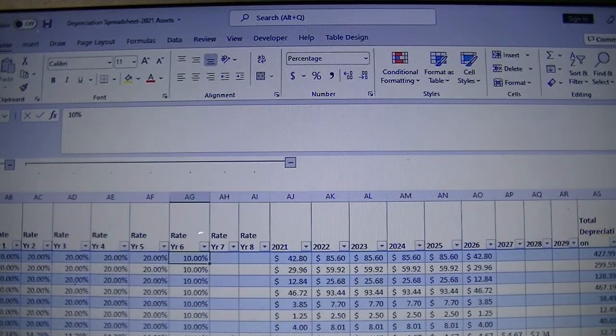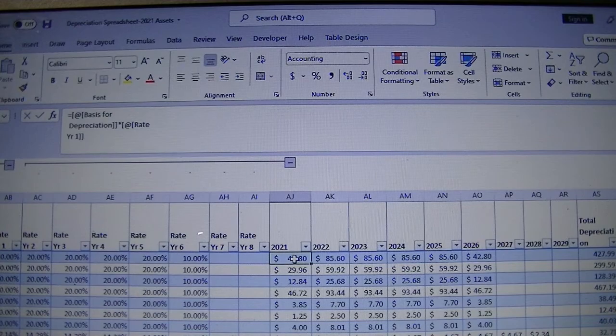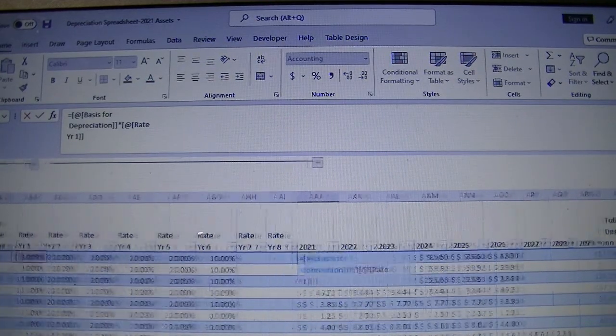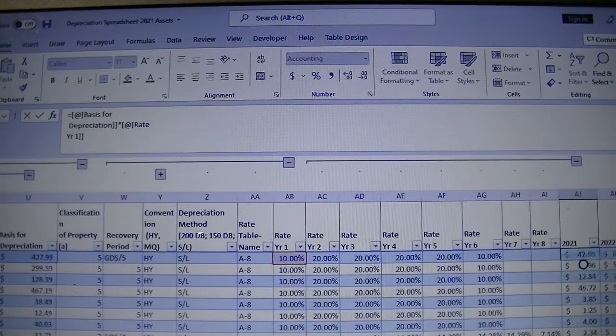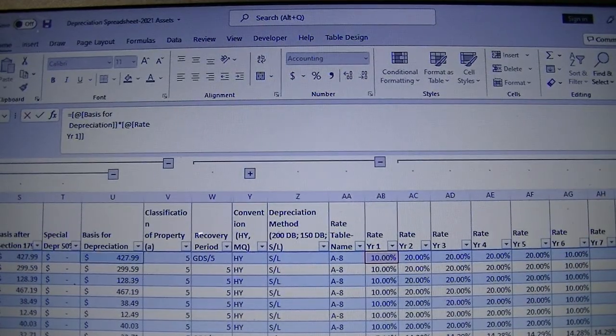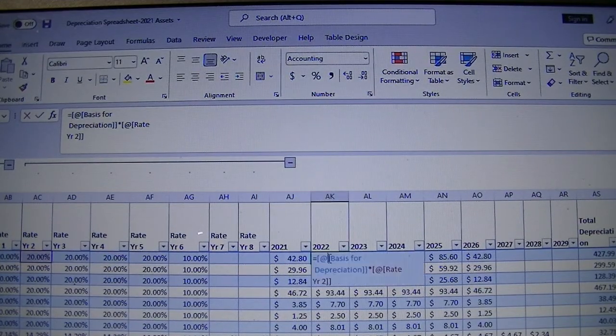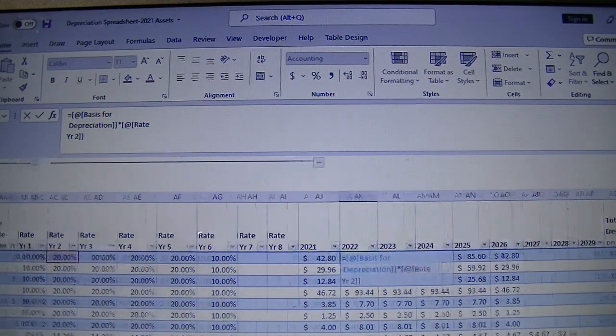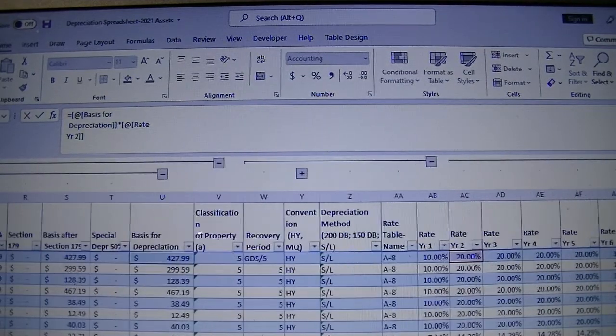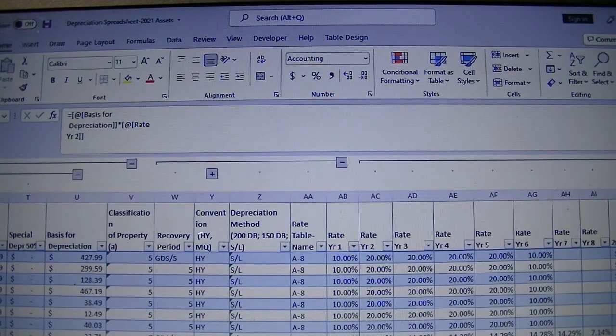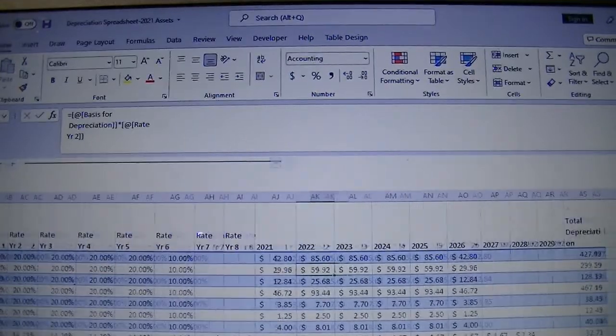Therefore, the spreadsheet will automatically calculate the depreciation deduction using the rates. The first year will take the rate at year 1 times the basis for depreciation, and year 2 will take the rate for year 2 times the basis for depreciation, the same, the original cost of the item that is getting depreciated.